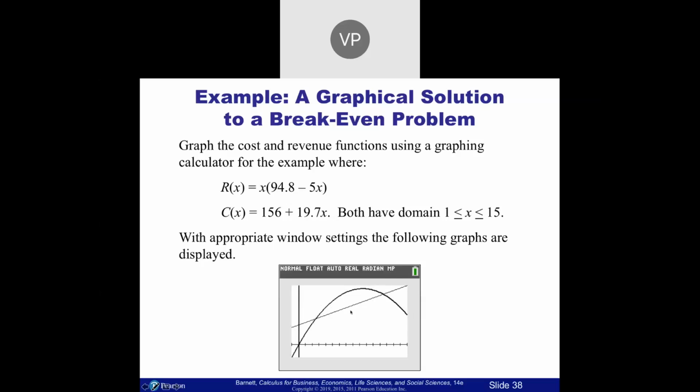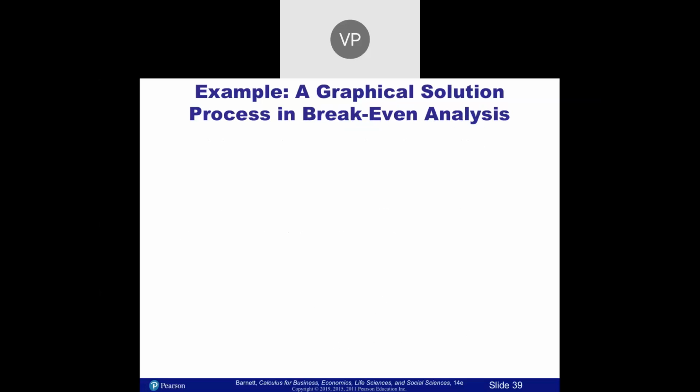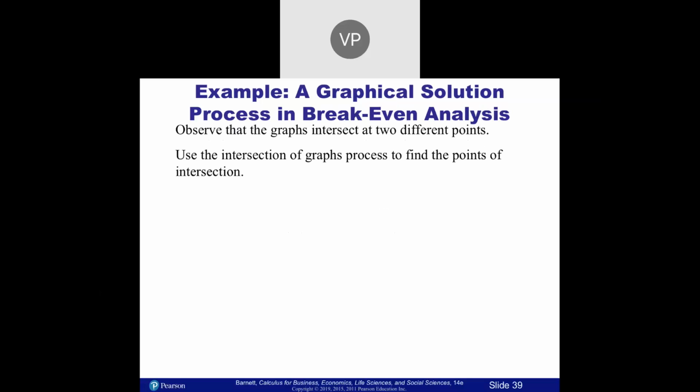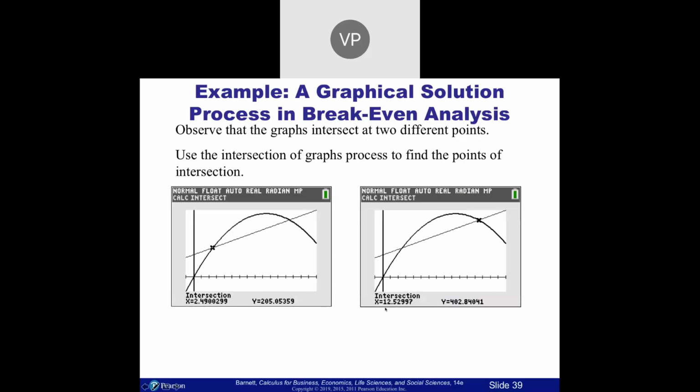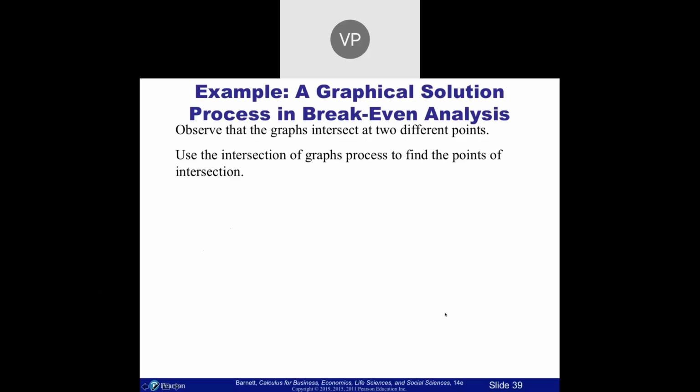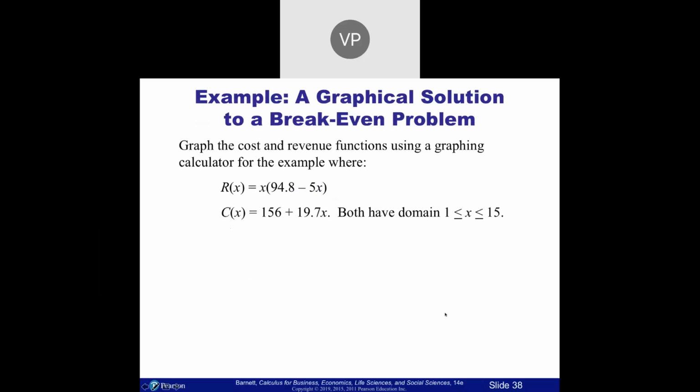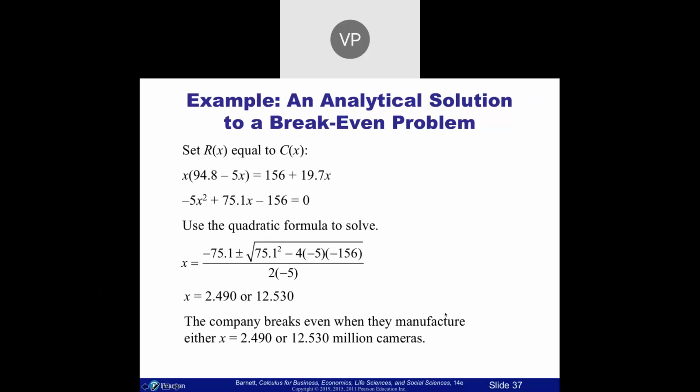Where the lines intersect are the two. So if you did this on a graphing calculator, you just hover your mouse over that intersection, and it tells you the actual values at 2.49 and at 12.52997. If you go back a couple of slides, remember, this is what we found when we did the quadratic formula.